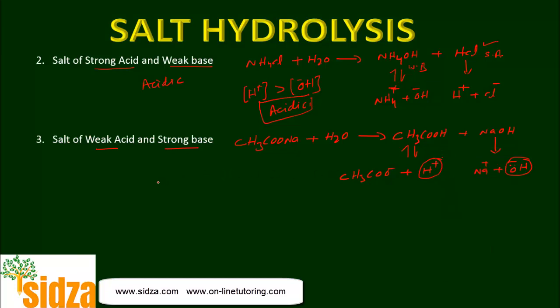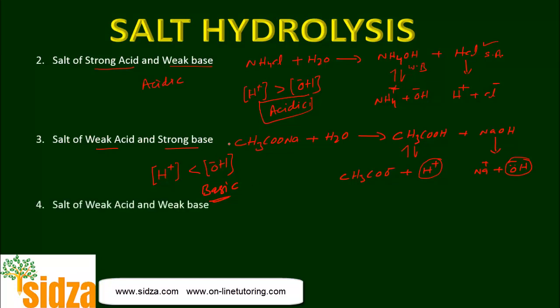So I can say the H plus ion concentration here will be less than the hydroxide ion concentration, so OH is more, which means that the solution must be basic. Okay, so the solution that you get here from the hydrolysis of a salt of a weak acid and a strong base will be basic.